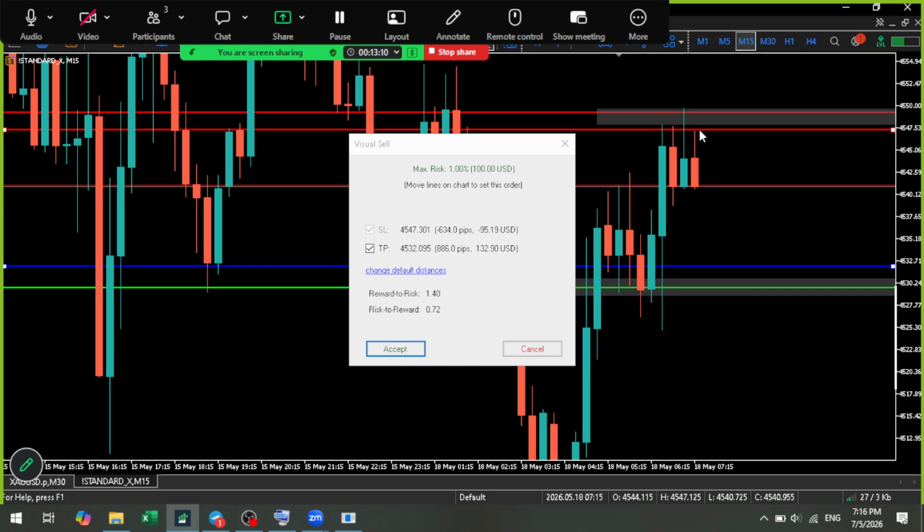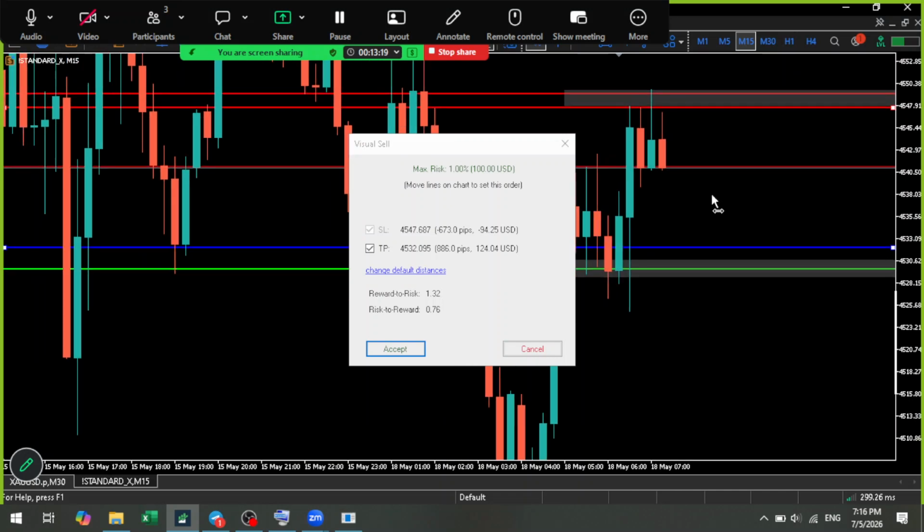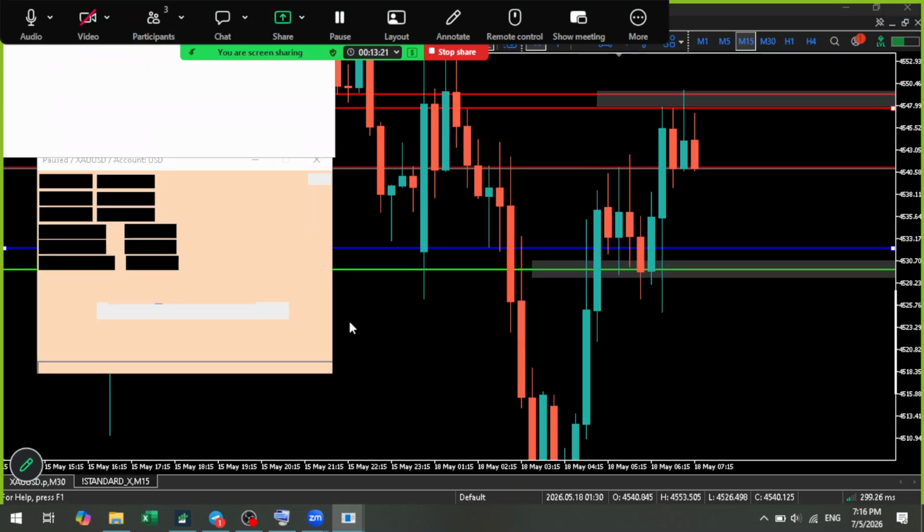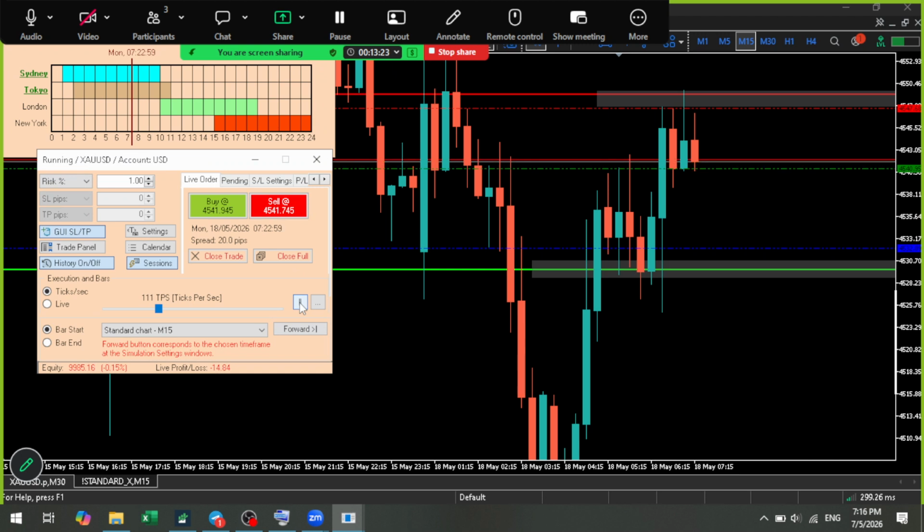What is this? 63 pips, 62 for the spread, and 1 pip breathing room, and we have a nice sell. If it flips bullish, we are going to close 50%. Our risk is 64 pips.